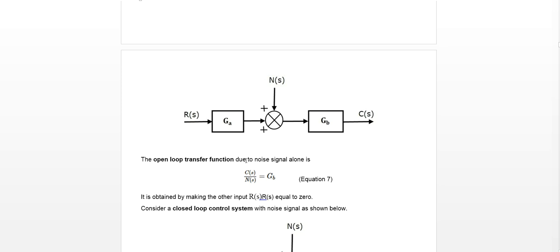So the open loop transfer function due to noise signal alone is given as CS over NS is equal to G sub B. So if we're going to consider this as an open loop control system, the transfer function is defined as the output divided by the input. So the output here is CS divided by the input NS, so that is equal to G sub B. So you get this equation.